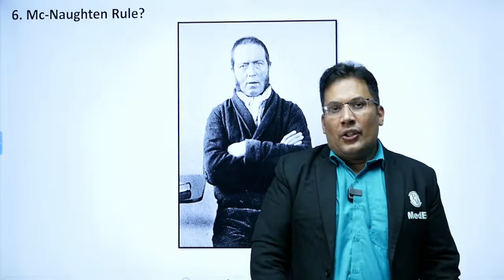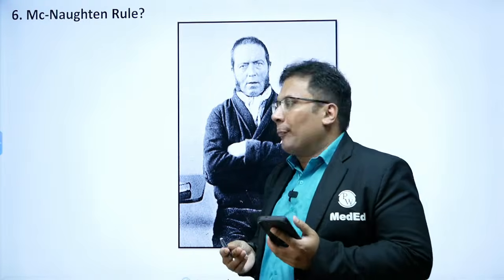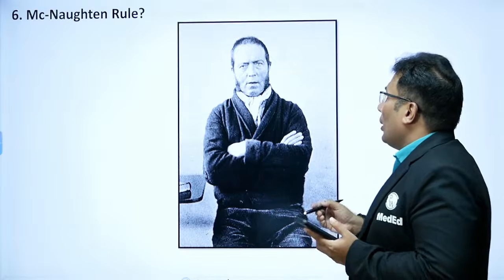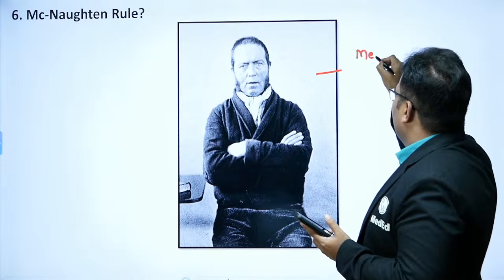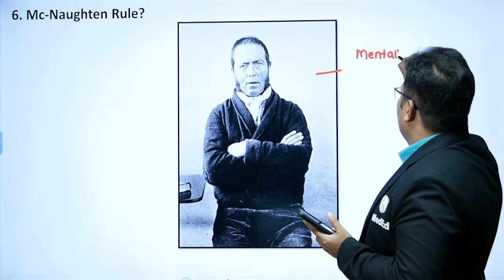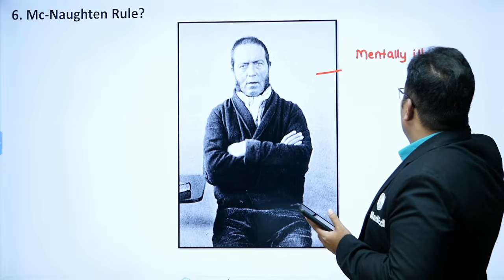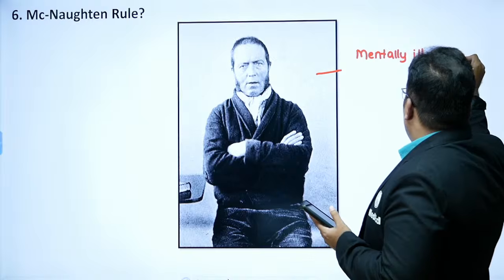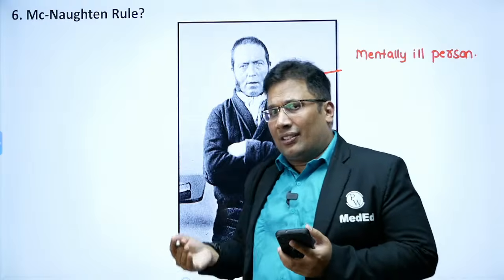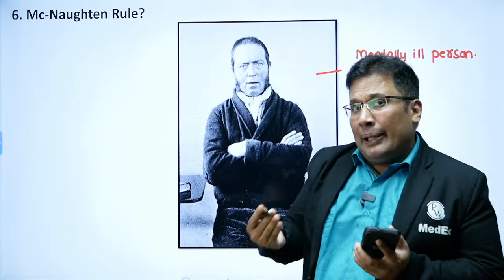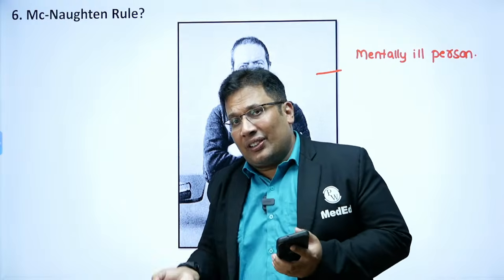Okay. So before that, who was McNaughton? He was basically a mentally ill person. Mental illness can be anything: schizophrenia, bipolar disease, psychotic depression, anything.